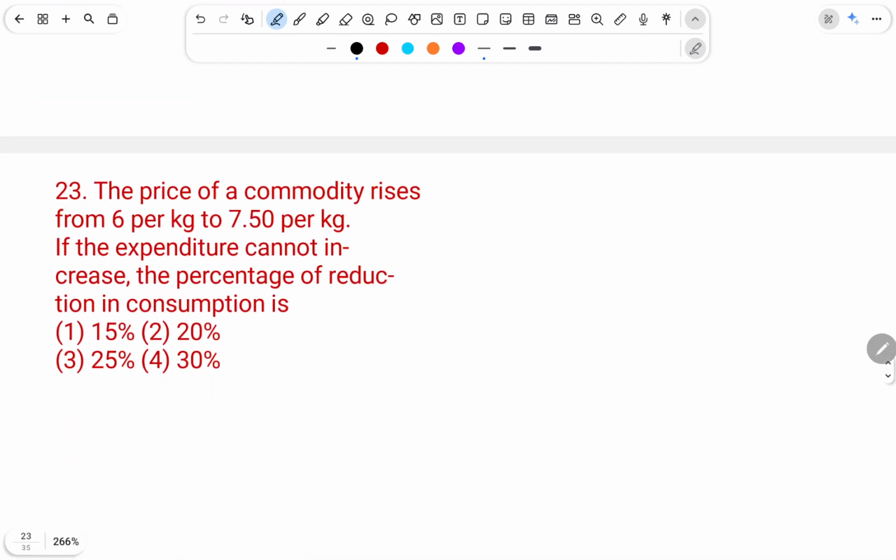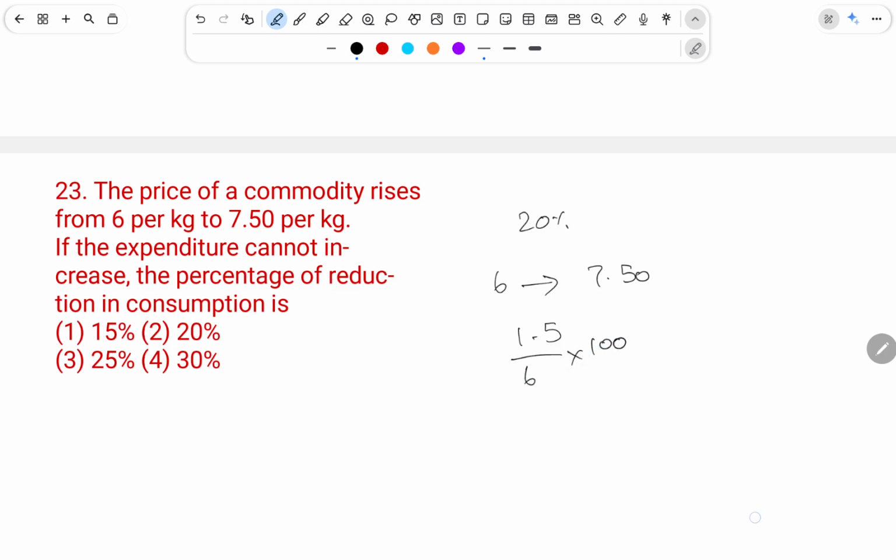Then next, the price of commodity rises from 6 rupees to 7.5 rupees. If the expenditure cannot increase, the percentage of reduction in consumption. Same as the previous question, but there they told directly 20% increase; here what increased is not given, but in terms of amount it is given. 6 rupees to 7.50 means how much did it increase? 1.50 over 6 into 100.